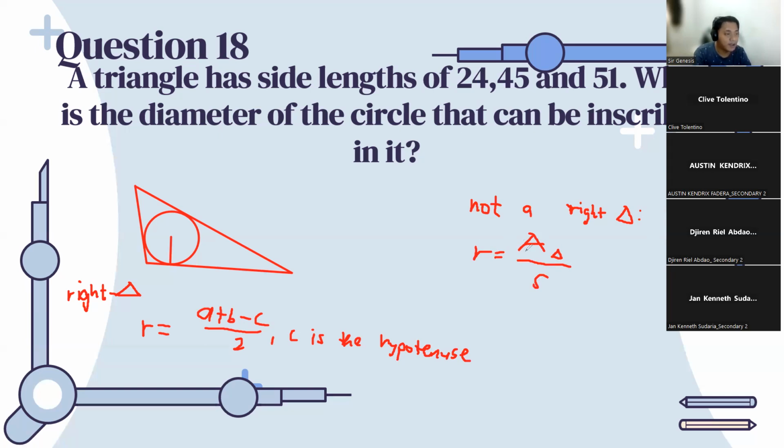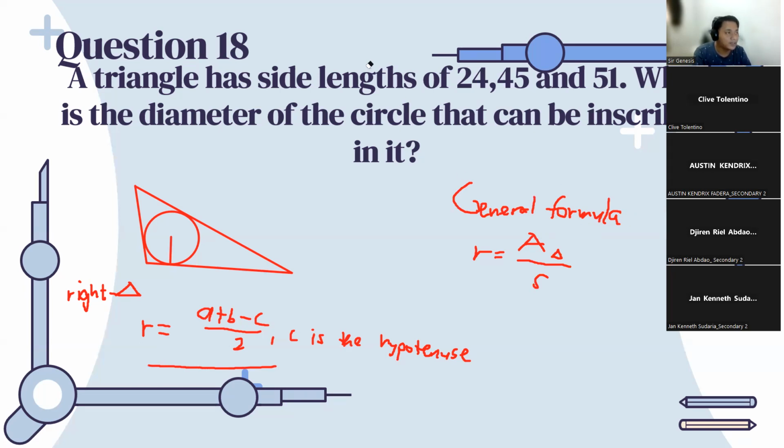So that is how you get the inradius. Now for the second one, it's not actually limited to not a right triangle. This is actually the general formula. It's just commonly used when it is not a right triangle, because if you are to choose between the two formulas, if the given is a right triangle, then you can just use the first directly. However, this one is the general formula.